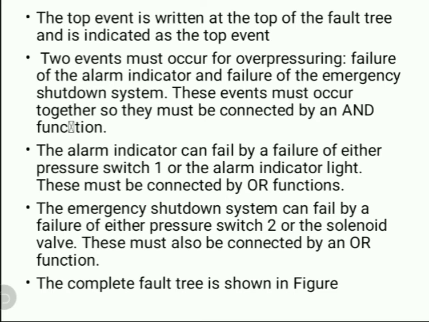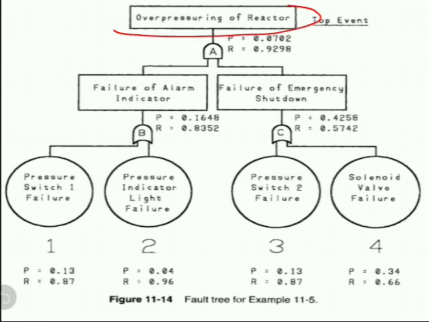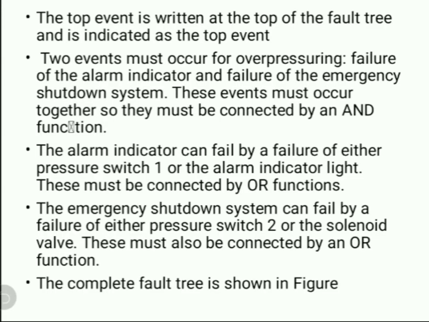First we have to draw the top event at the top of the page. So here is the overpressuring of the reactor, that is the top event. Then two events must occur for overpressuring: failure of the alarm indicator and failure of the emergency shutdown.